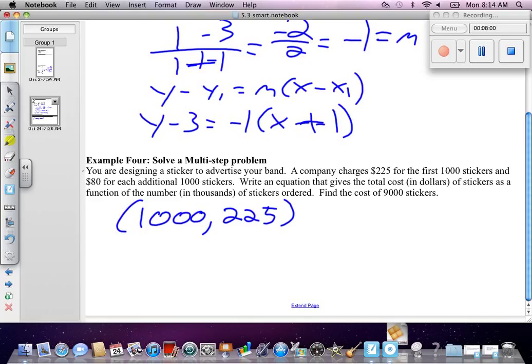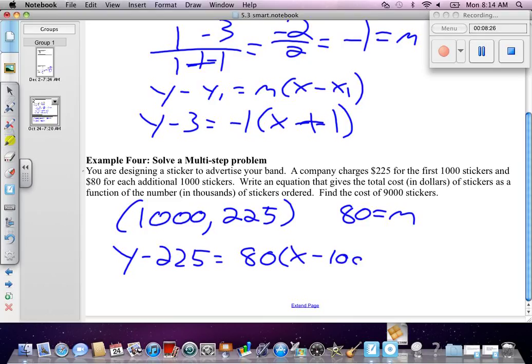So I know $80 for each additional sticker. Okay? So this right here, 80 is my slope. This is my point. So I'm going to put it in point slope form. Y minus y1 equals the slope times x minus x1.